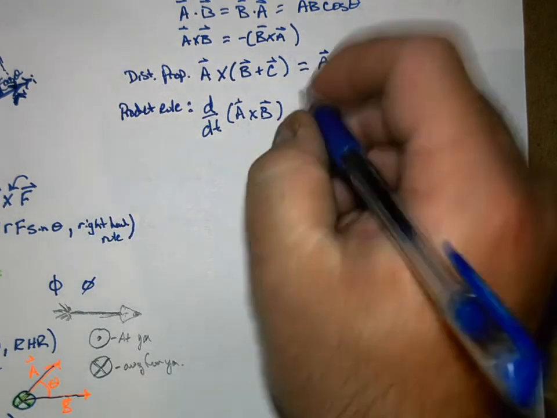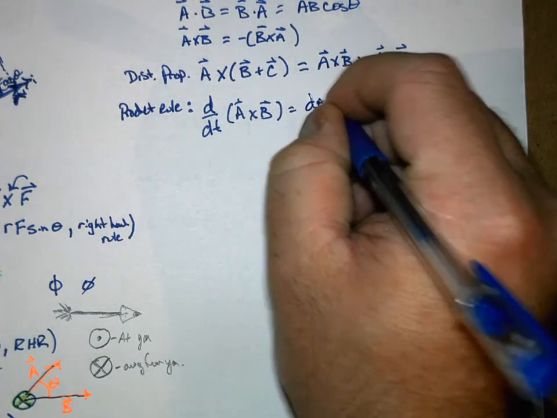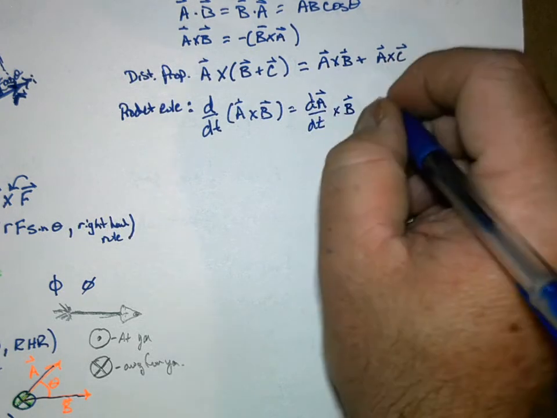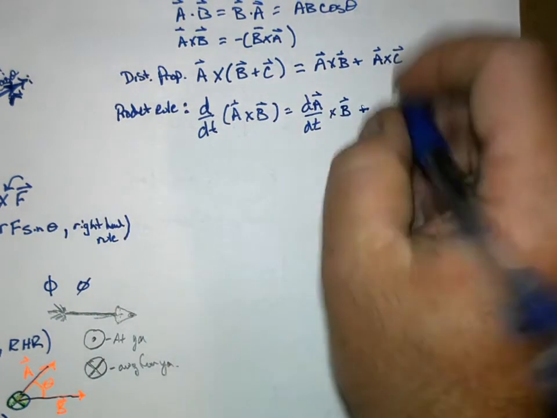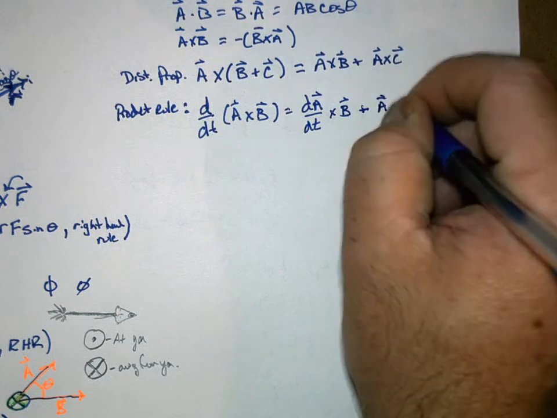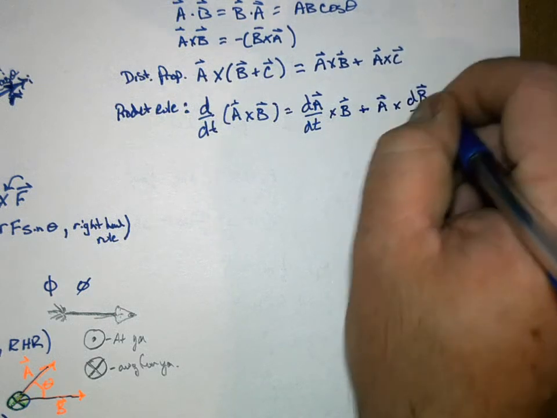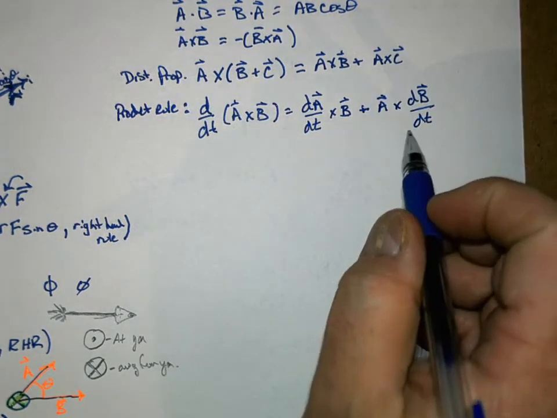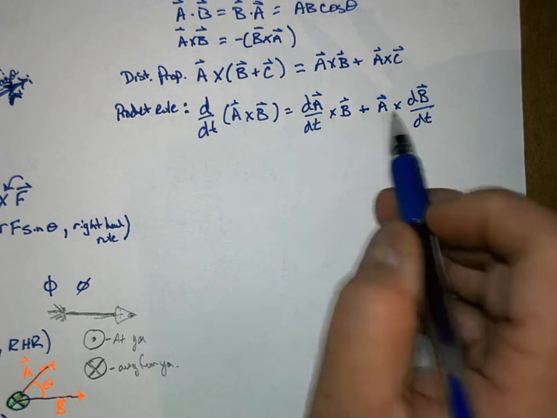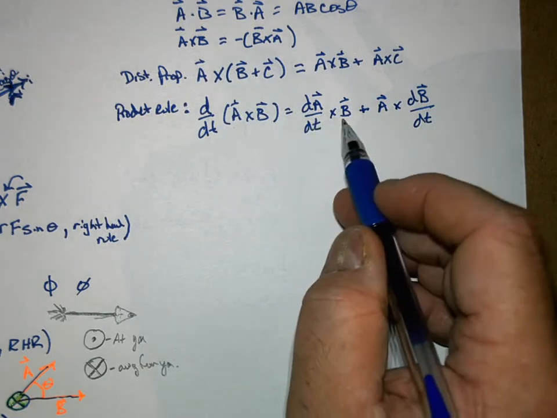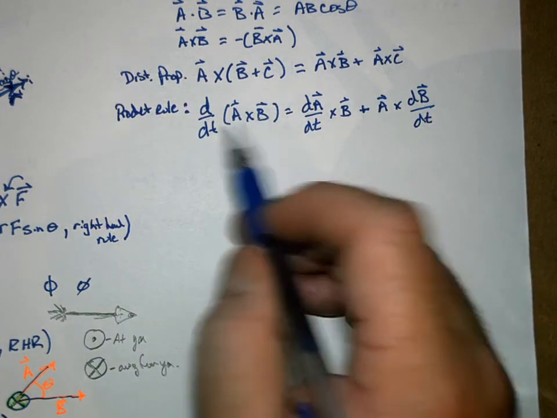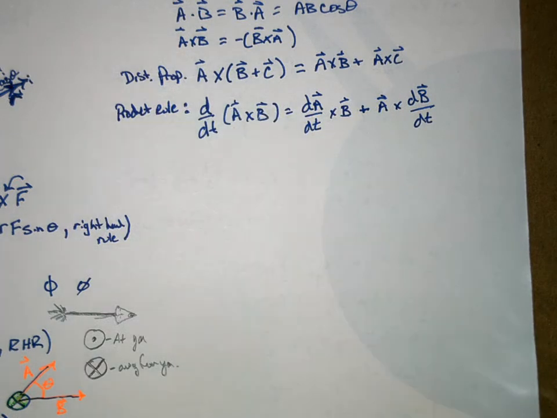It equals dA/dt cross B plus A cross dB/dt. So it's just like the product rule, except you have to keep the order. It's the derivative of the first times the second, and then the first times the derivative of the second. It's like you're distributing, you have to specifically distribute your operator to both of your vectors, and the order does matter. First comes first, second, second.